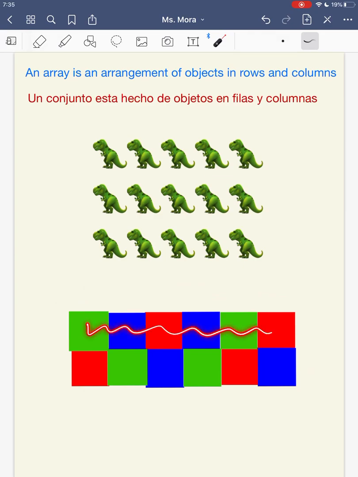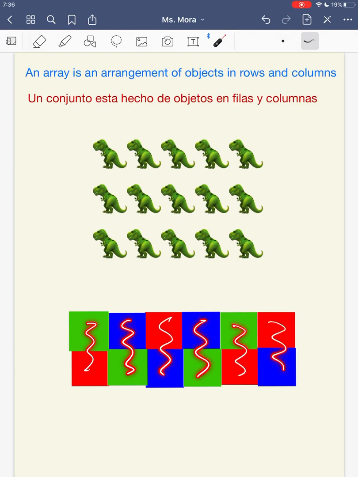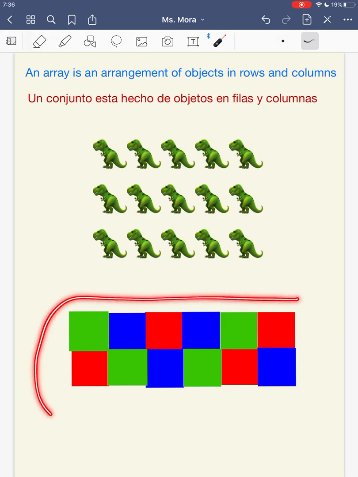So this is a row and here's the other row, and there are no spaces in between the columns either, and these are the columns. But it is still an array, and this is what our arrays will look like today, like this one with squares making up the big rectangle.